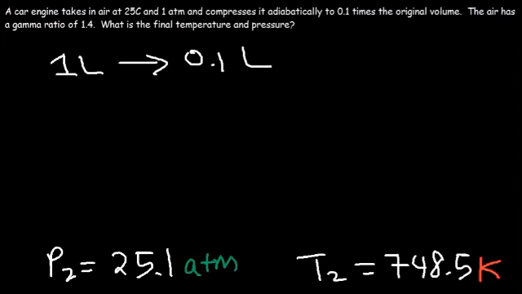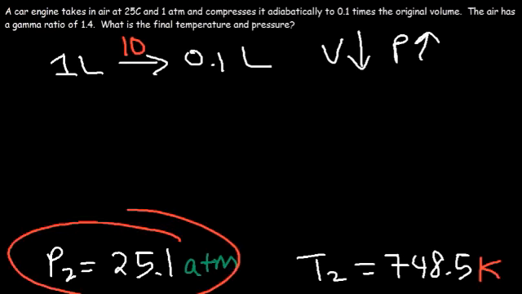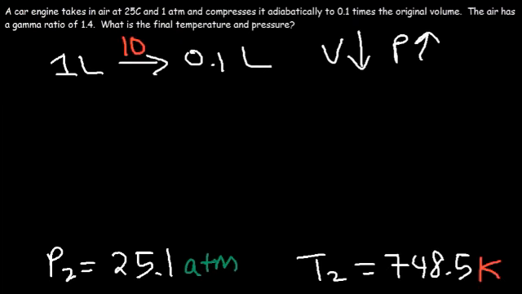So the volume decreased by a factor of 10. When the volume goes down, the pressure goes up. But notice that all we did was we decreased the volume by a factor of 10, and the pressure increased more than a factor of 10. How did that happen? Well, it has to do with the change in temperature.